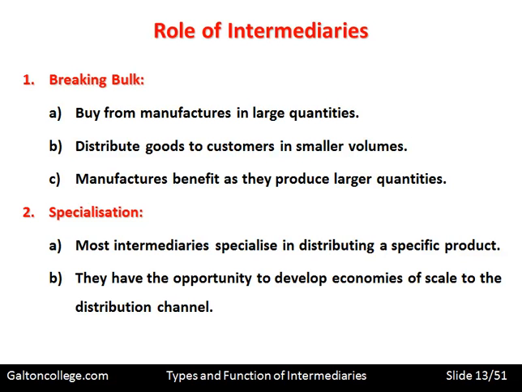And they have an opportunity to develop economies of scale in the distribution channel because they're able to buy in bulk from the producers and then optimize the use of their distribution channels. They have capacity, they've bought in bulk, and they can now allocate the product to the various distribution channels that they use: to retailers, perhaps on the internet, or directly to customers.